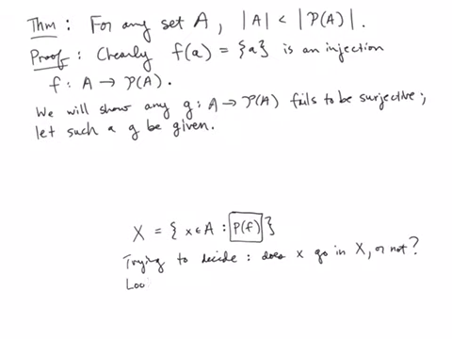So what you do is you look at f of x. And f of x is an element of the power set of A, right? So f of x is a subset of A.